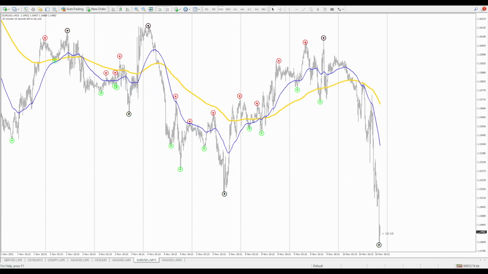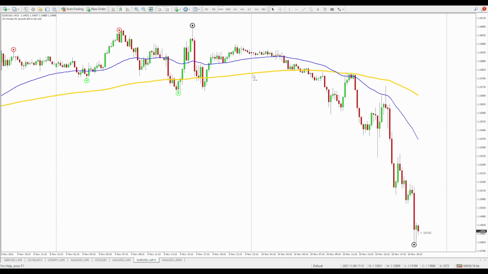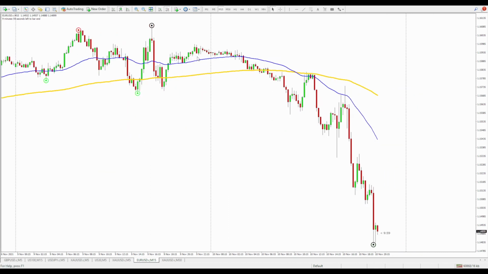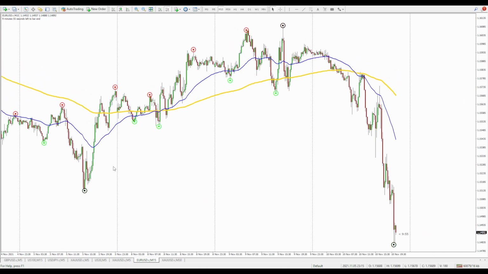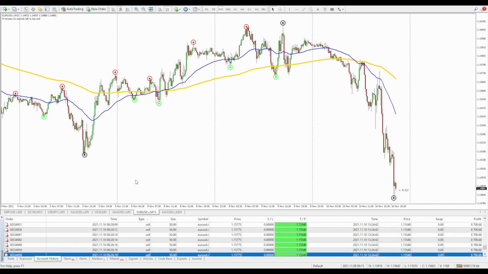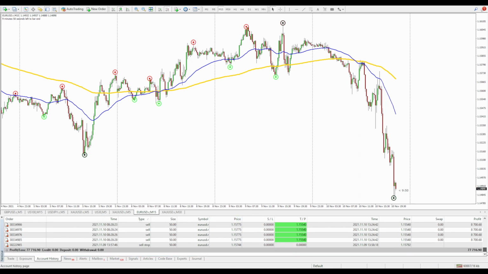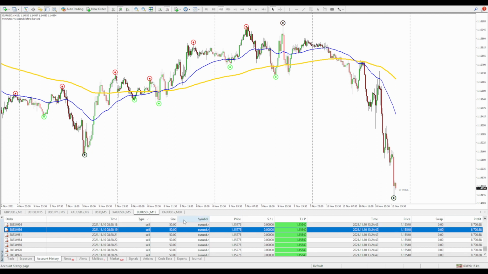Alright guys, I'm back. Just want to give you a quick update on the trade I took on Euro USD. I actually wasn't able to record when the trade closed, but it closed earlier on today. I also took a few more trades on gold today, but this is the trade I took on Euro USD.